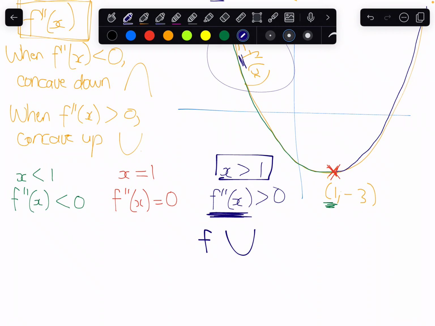Then we know that when x is equal to 1, okay, let's change colors. When x is equal to 1, f double prime x is equal to 0, right?